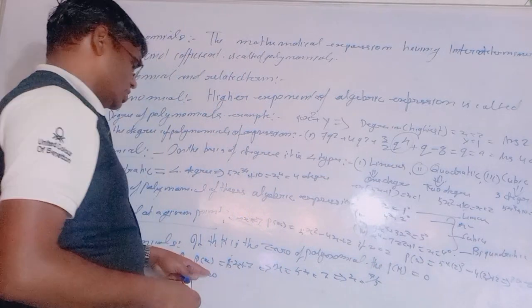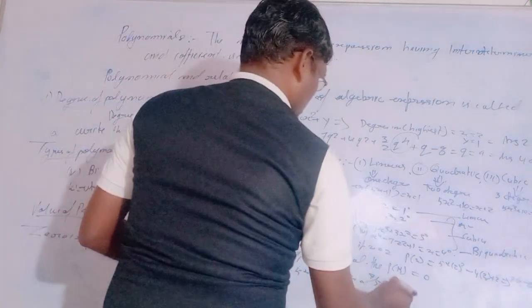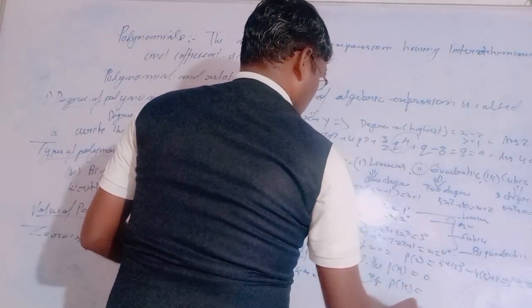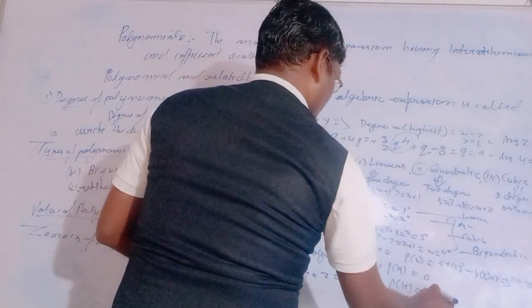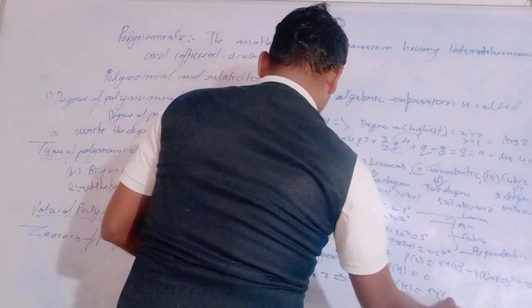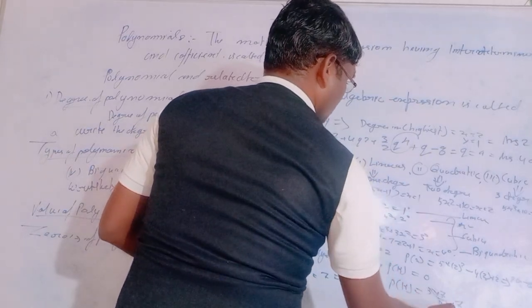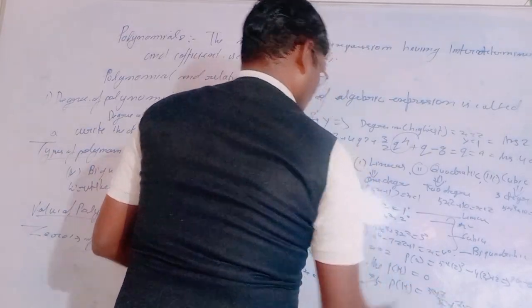If we substitute this value in this algebraic expression, p(k) is equal to 5 into minus 7 by 5 plus 7.